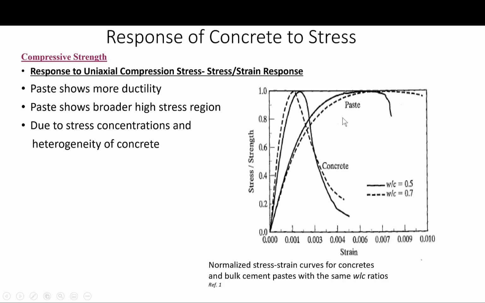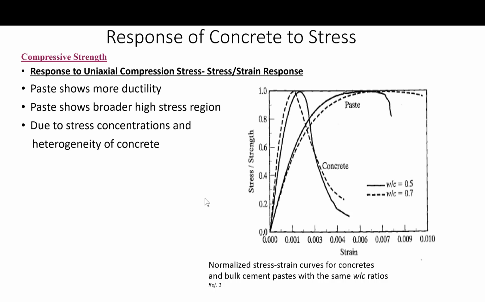The difference in behavior between the concrete and the paste constituent of the concrete is due to factors discussed previously, if you remember, including the high stress concentrations in the vicinity of the aggregate particles.